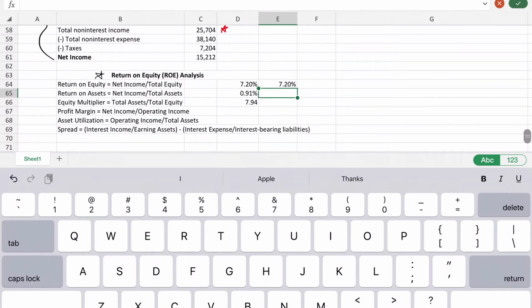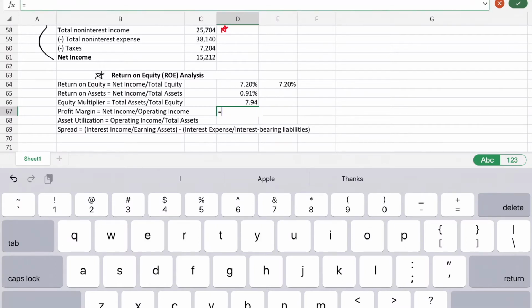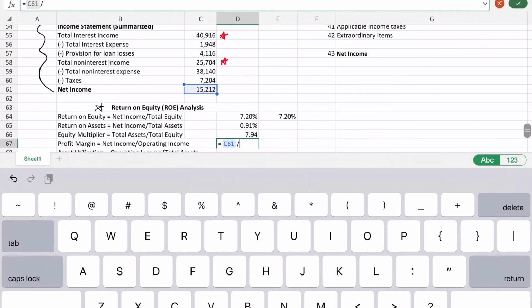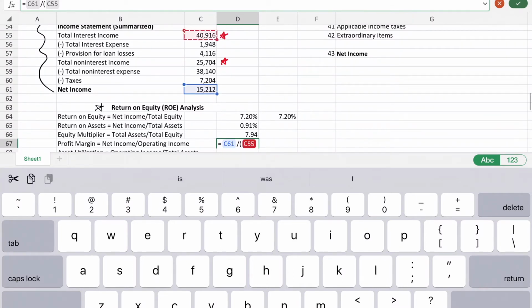Next up, let's look at profit margin. Profit margin is net income divided by operating income. This is where you need to remember the equation for operating income: it is the sum of total interest income and non-interest income.